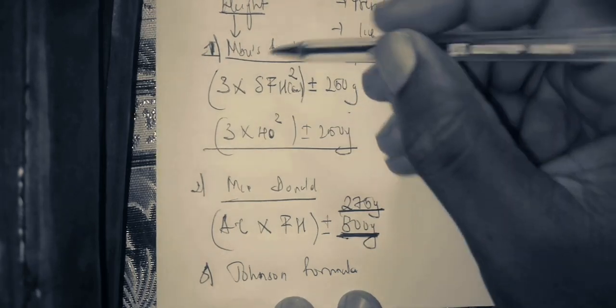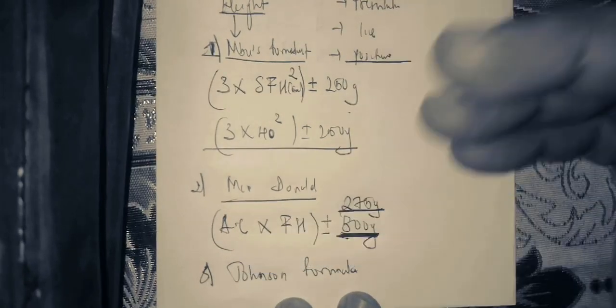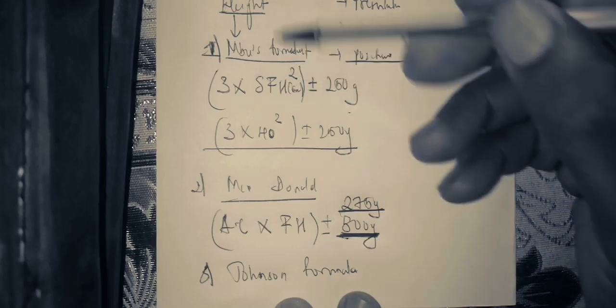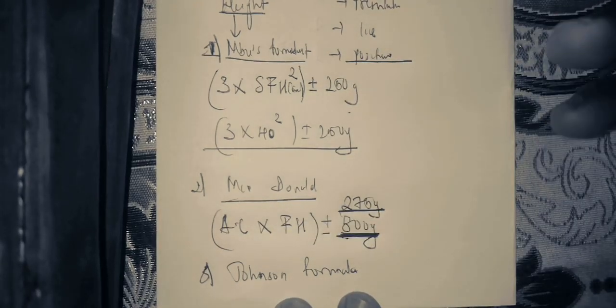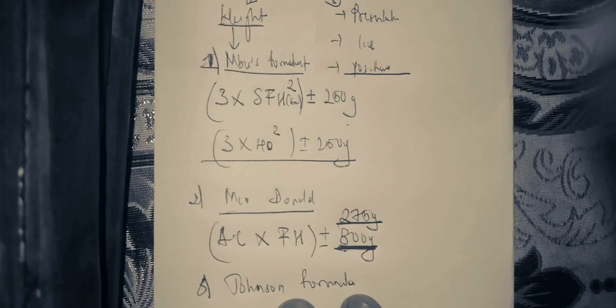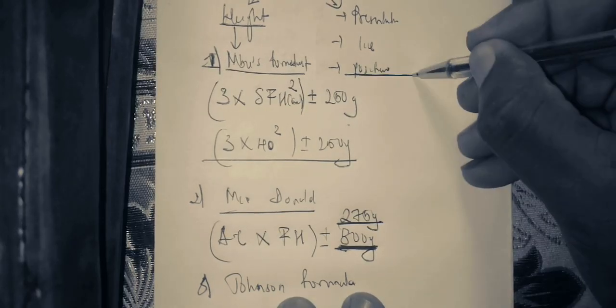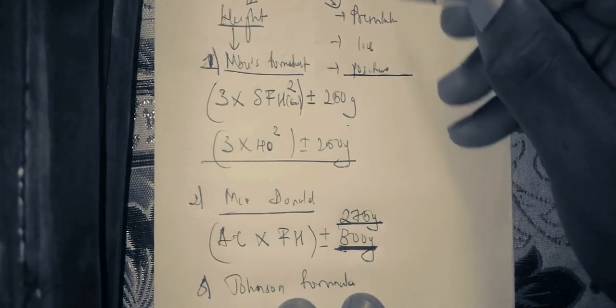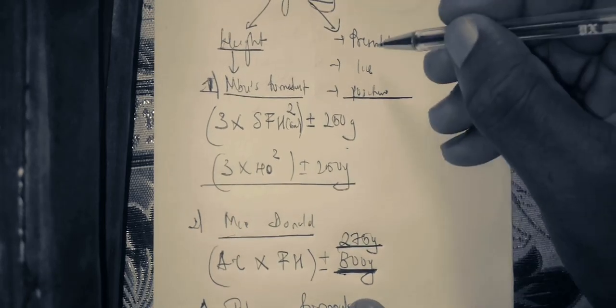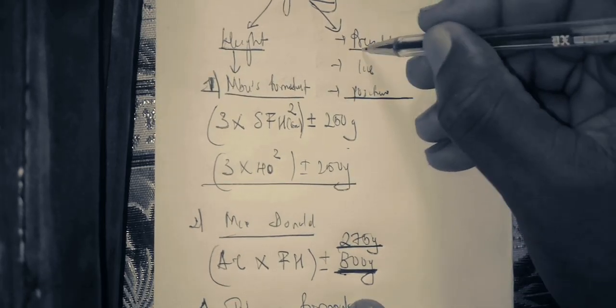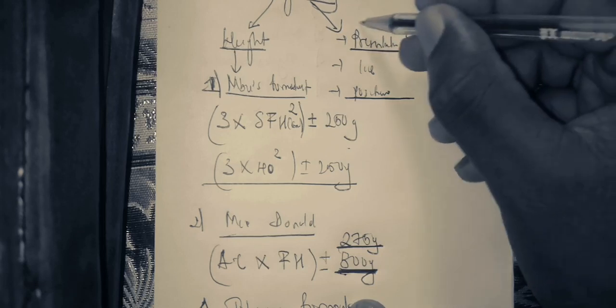After talking about the weight of the child, in your physical examination you must bring out the estimated fetal weight of the child. The next thing you need to bring out is the presentation of the child.